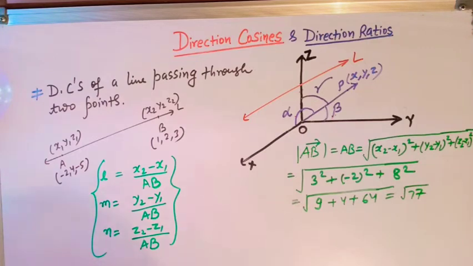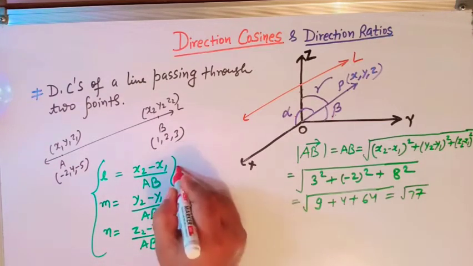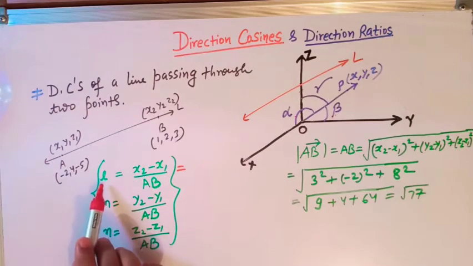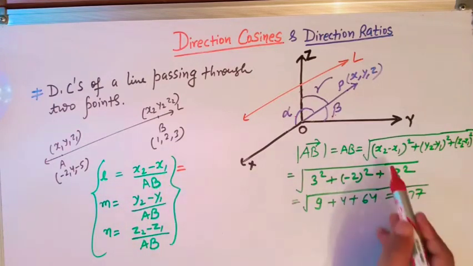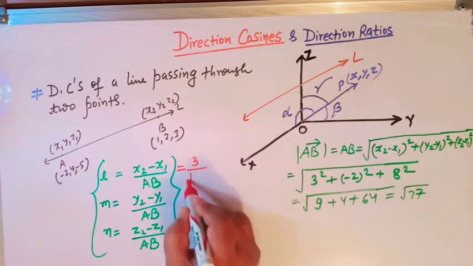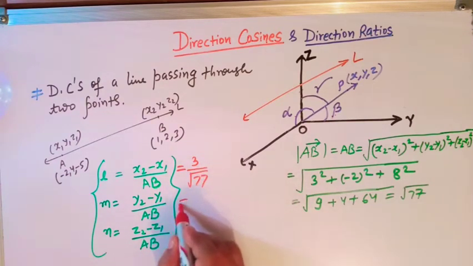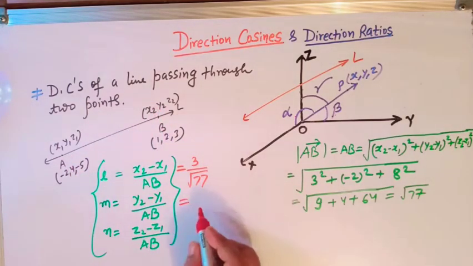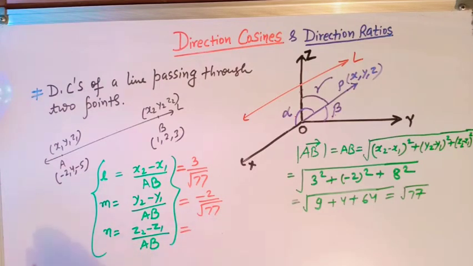So now the direction cosines are x2 minus x1, so x2 minus x1 is 3, so we have 3 over square root of 77, then y2 minus y1, that is minus 2 divided by square root of 77, and then we have z2 minus z1, that is 8, divided by square root of 77, right?